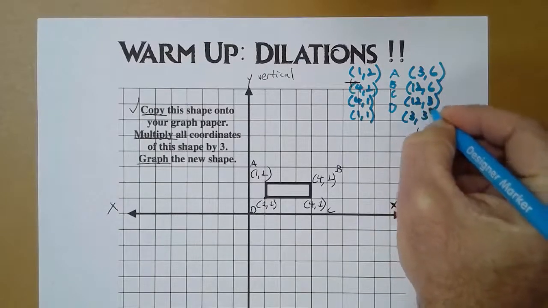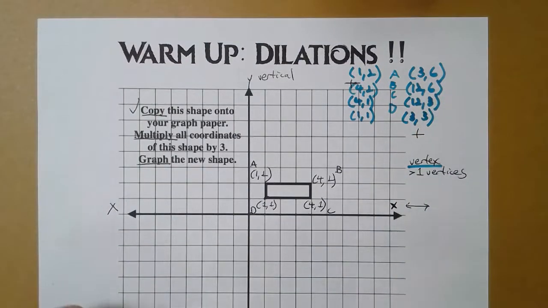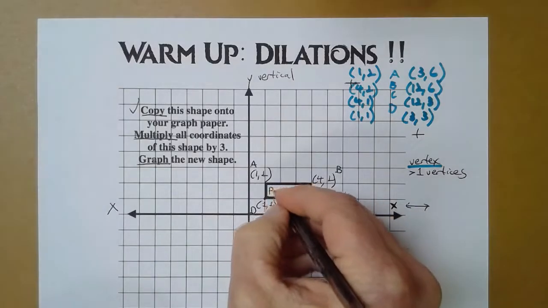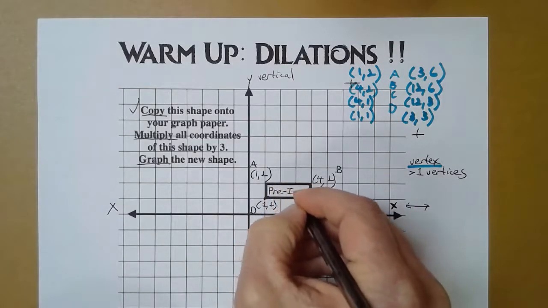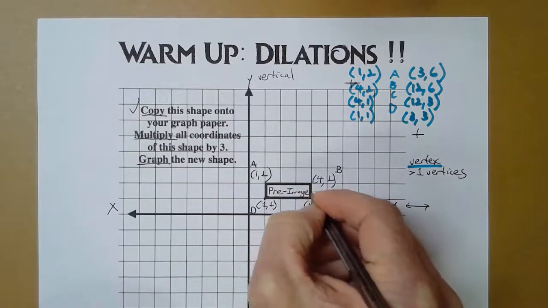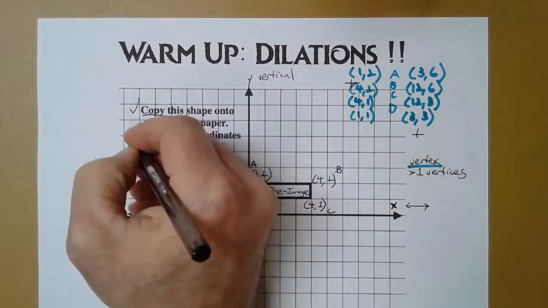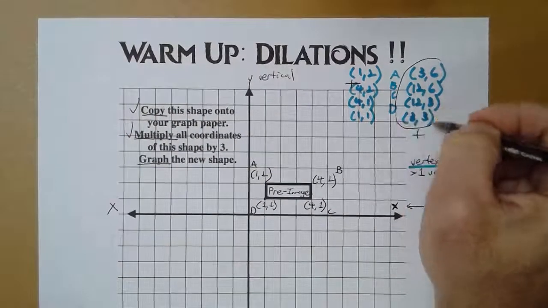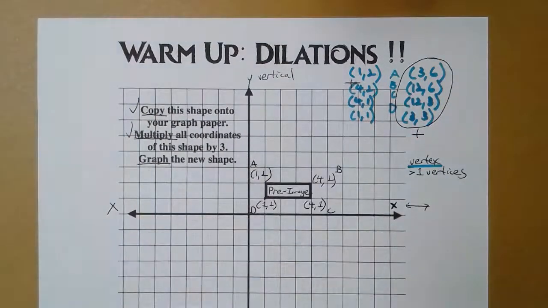Okay, so this down here is our pre-image. That's before we do all the regraphing. So I multiplied all the coordinates by 3. Got it. Now we'll graph the new shape.